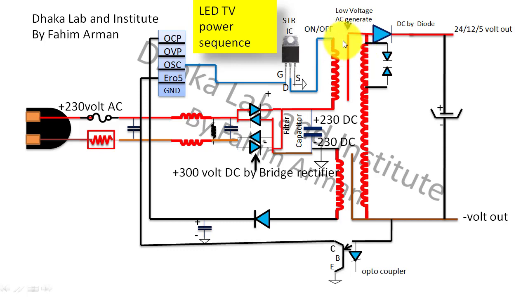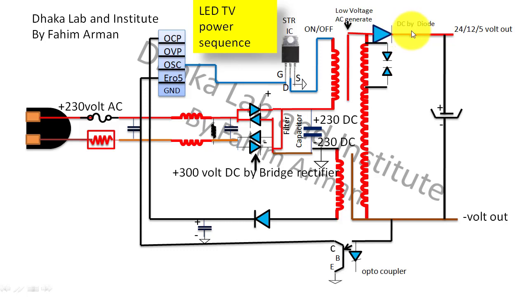As you know, first there was AC voltage, then after this diode there is DC, and then again this is AC voltage, low voltage. That low voltage AC will again be converted to DC by this diode. Then here we will get 24, 12 or 5 volt according to the logic board.